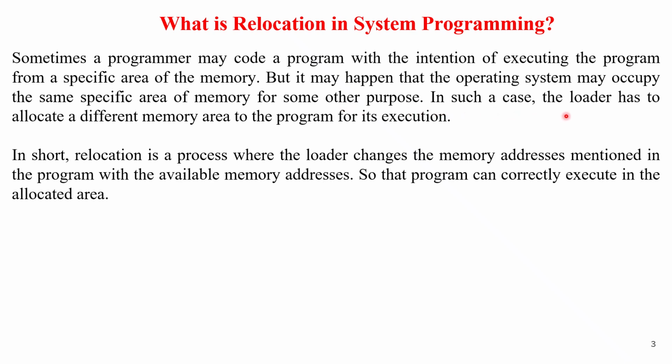In such a case, the loader has to allocate a different memory area to the program for its execution. When the loader is allocating a different memory area to the program, you call that concept relocation. In short, relocation is a process where the loader changes the memory addresses mentioned in the program with the available memory address so that the program can correctly execute in the allocated area.